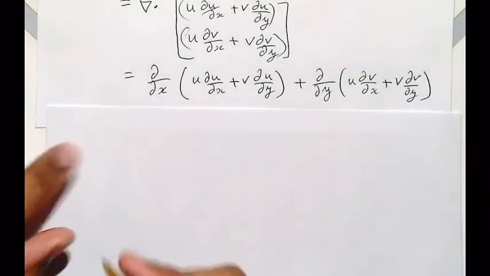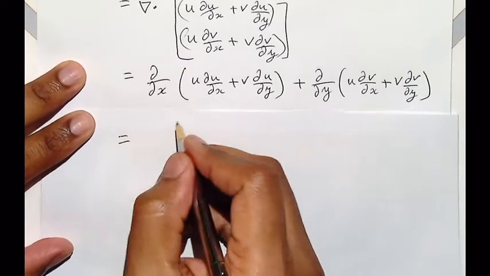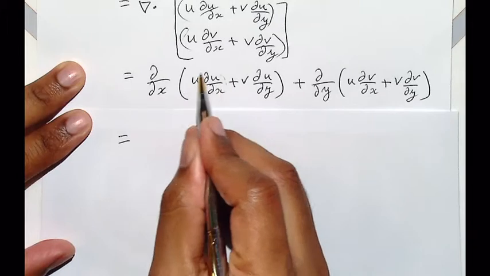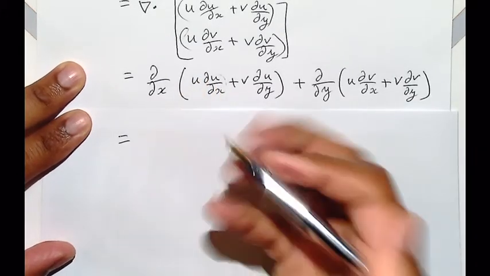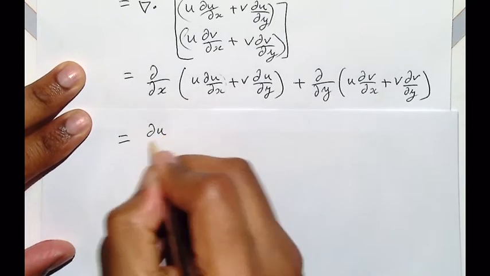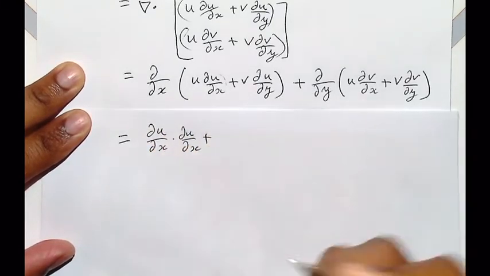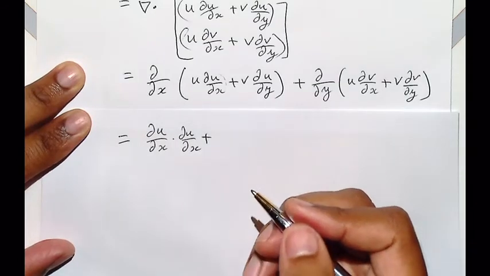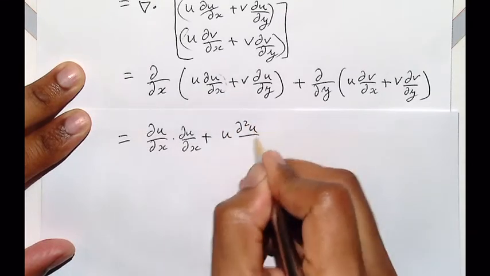Taking the derivative with respect to x of this term: partial u partial x squared, plus partial squared u over partial x squared times u.